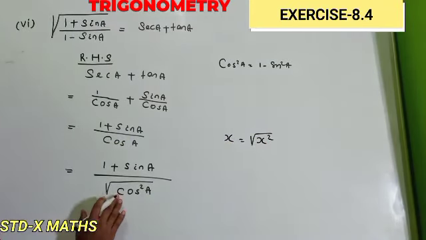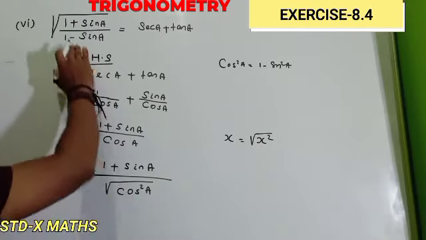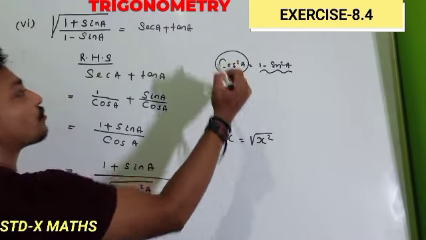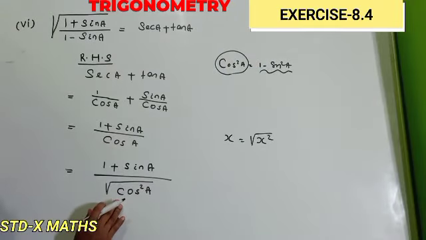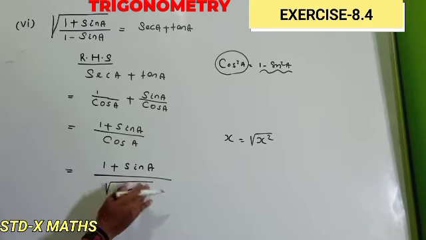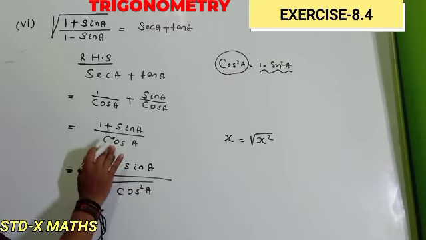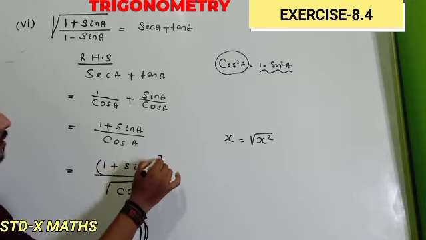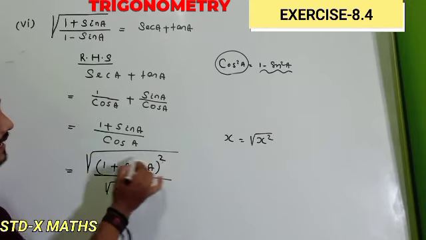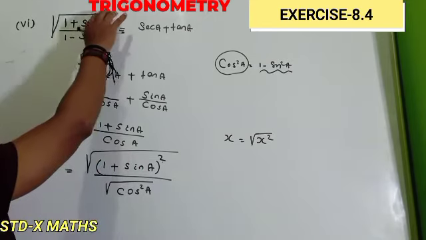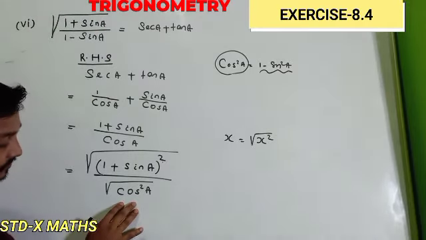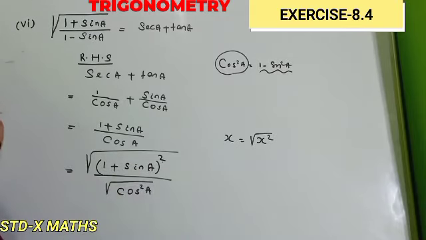Actually, I want cos square because I want to give the denominator in the form of 1 and sin. 1 and sin can be converted whenever there is cos square A. Here it was cos A, for which I converted cos A into the square root of cos square A. Once again, it is our cos A. Just like the denominator, I arrange the numerator in a similar way, also under the square root. Why have I arranged this? Because both numerator and denominator have the square root.